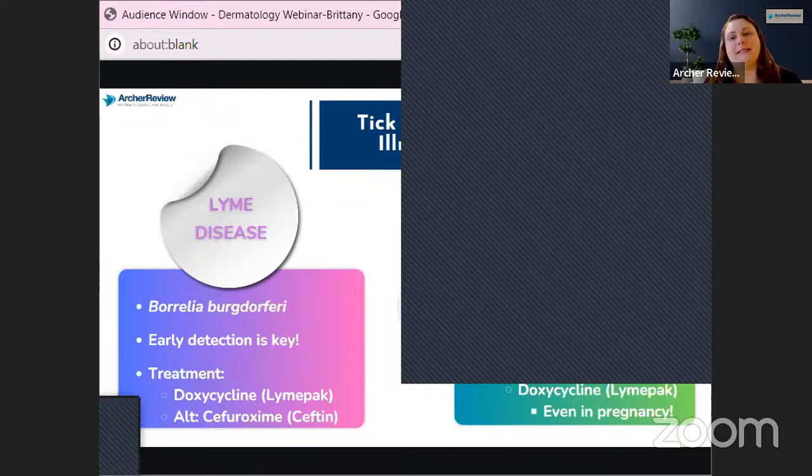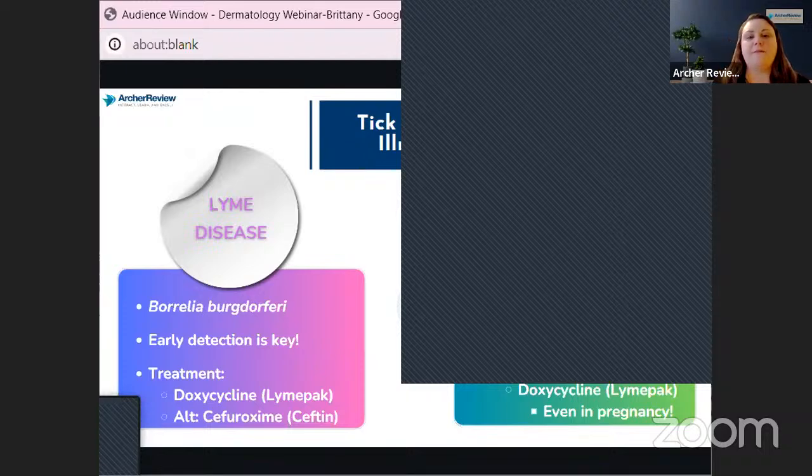Really, if anybody has been out in the woods or just even been under some trees, maybe they went on a picnic over the weekend, they could be prone to a tick bite. So, educating our patients that they need to check their clothes and their shoes for ticks. Just an FYI, the ELISA test, that's going to be your screening for this. And then your Western blot is going to confirm your diagnosis.